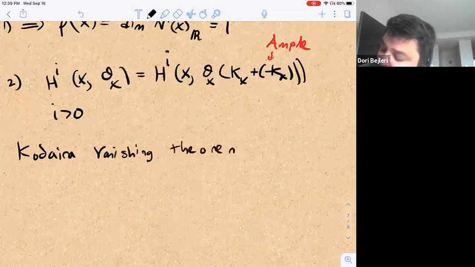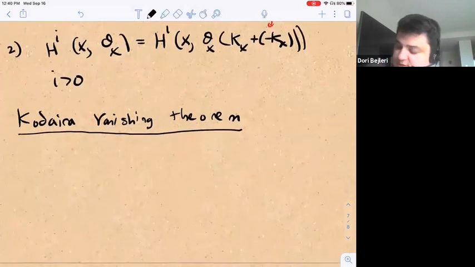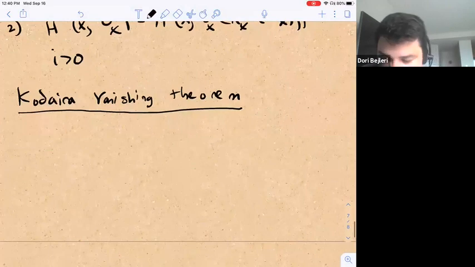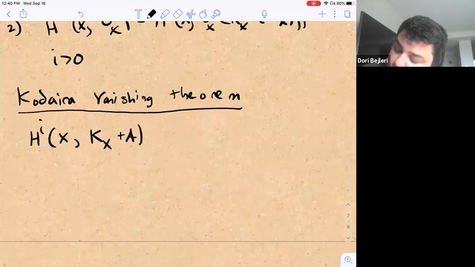Which is actually one of the ingredients when we prove the base point freeness theorem. Actually, we'll prove a generalization of the Kodaira vanishing, the Kawamata-Viehweg vanishing theorem, but I'll just state it here. In this case, at least, all these cohomologies are 0 whenever A is ample.